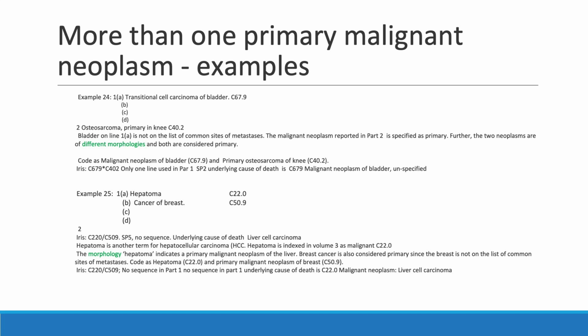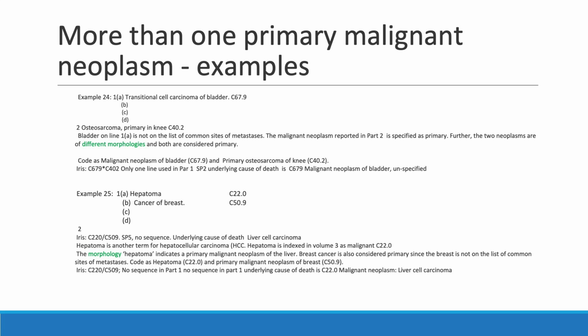It mentions that blood cancer is not on the list of common metastases, and the osteosarcoma in part 2 is specified as primary. The second example includes hepatoma, liver cancer, and breast cancer, both of which are considered primary, as breast cancer is not on the list of common metastases.